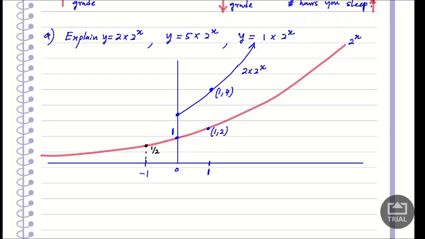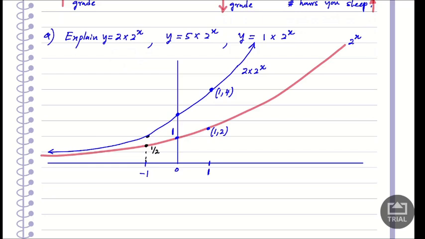If you put minus 1 here, that's going to be 2 times 1 divided by 2, which is 1. So obviously that point is going to be somewhere here. So this indeed continues like this on top, correct?